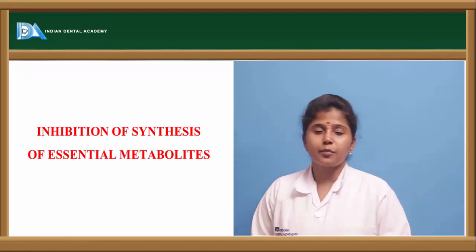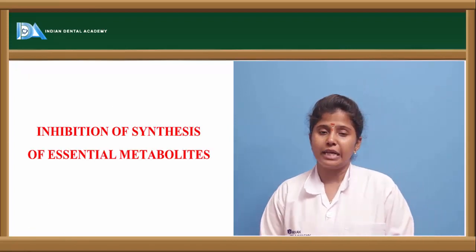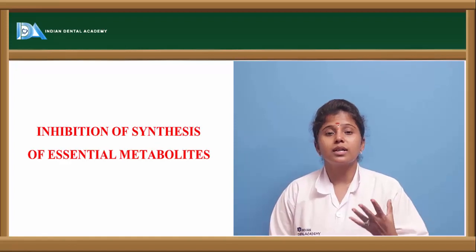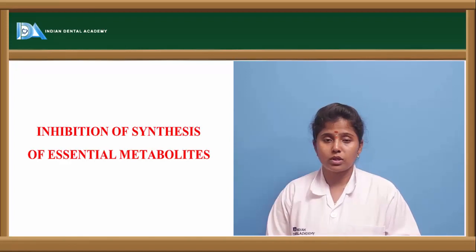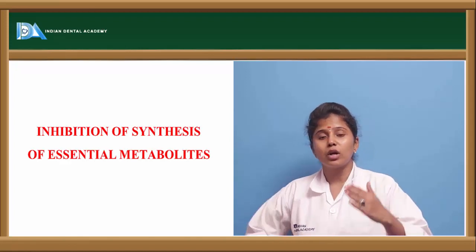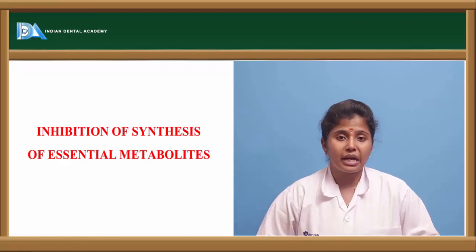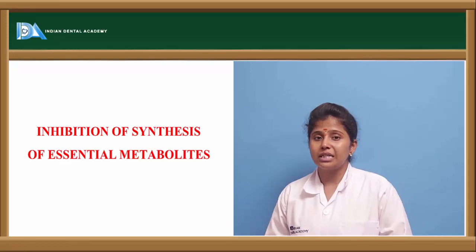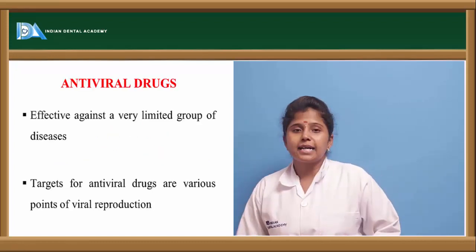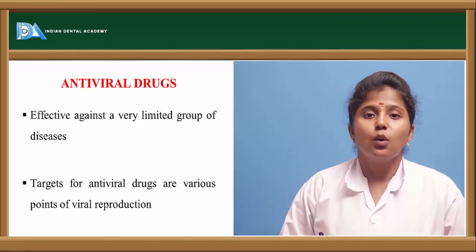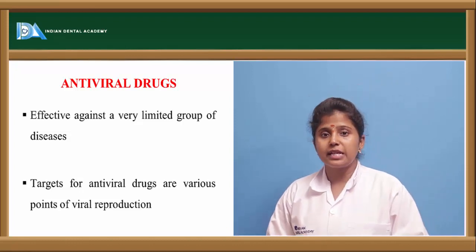Now let us see the other process, inhibition of synthesis of essential metabolites. There are some essential metabolic compounds which are involved in cell wall synthesis, or in the division of the microorganism. Let us see how these essential metabolites are inhibited. These are the antiviral drugs, which inhibit the synthesis of the essential metabolites.